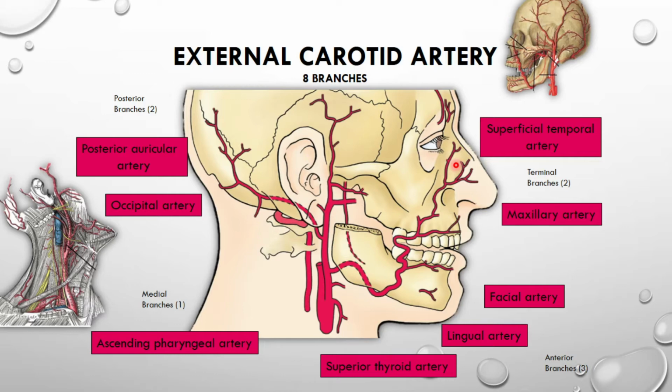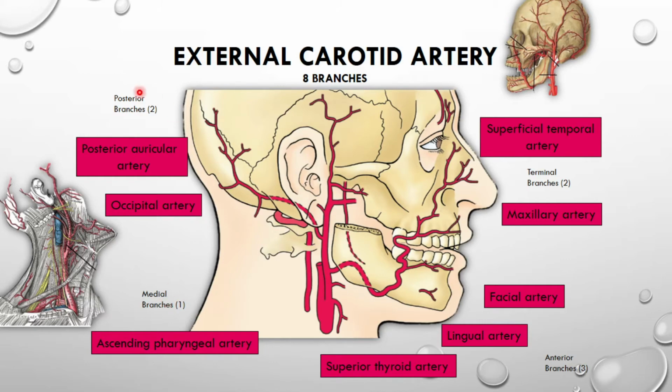So that's the facial artery. We then have one medial branch, so we can't see it on here, but it's running internally towards your pharynx, and we call it the ascending pharyngeal artery.